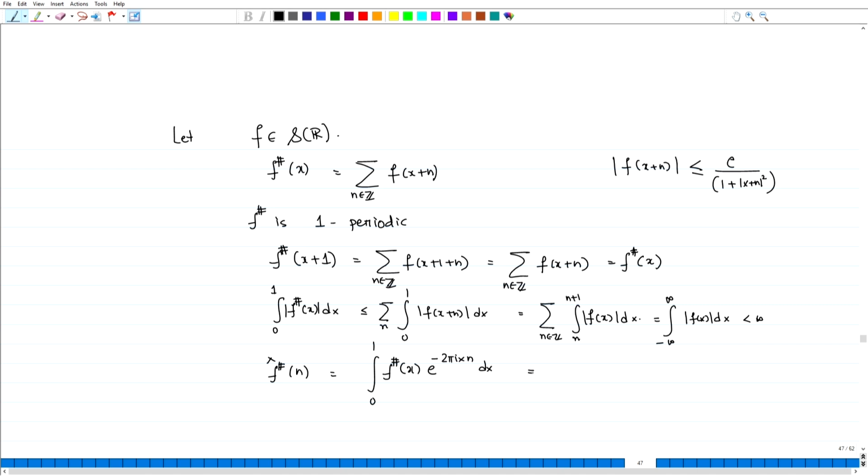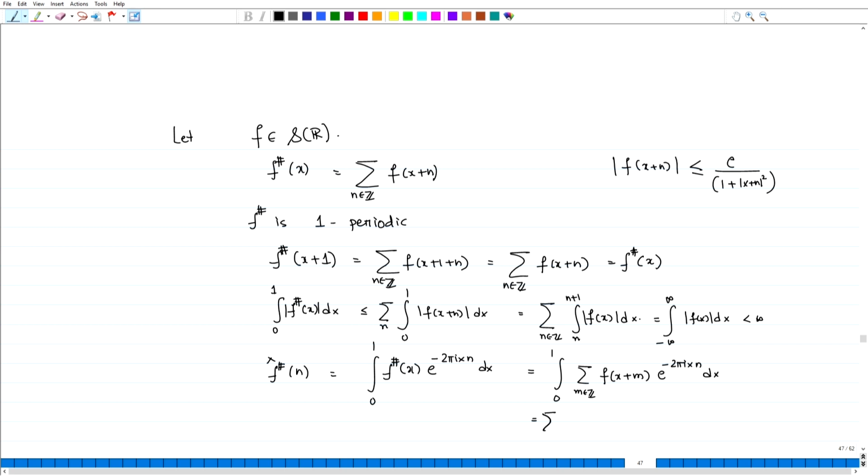Now this is equal to the integral from 0 to 1 of the summation over m in Z of f of x plus m, e to the power minus 2 pi i x n dx. Since all this is in the Schwartz space, I can justify interchanging the sum and the integral.